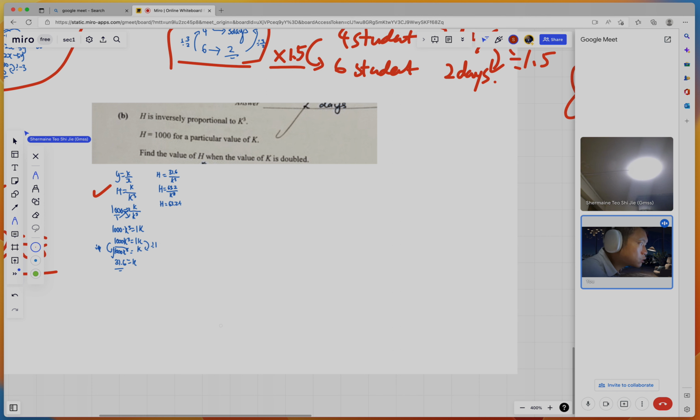So k is equal to... Wait, you got this wrong. Okay. So maybe for this question I should write down h is equal to 1000 for a bigger value of k equals 2 or something like that. Never mind. Next.